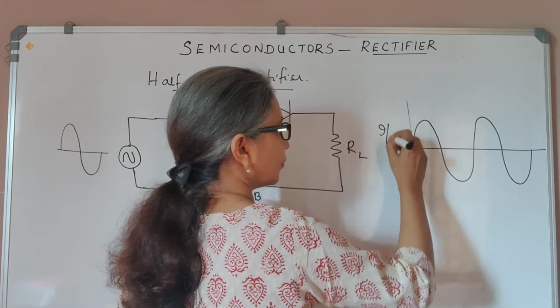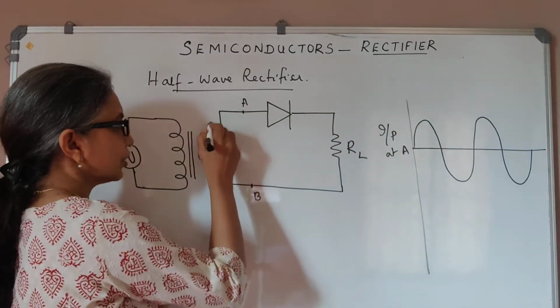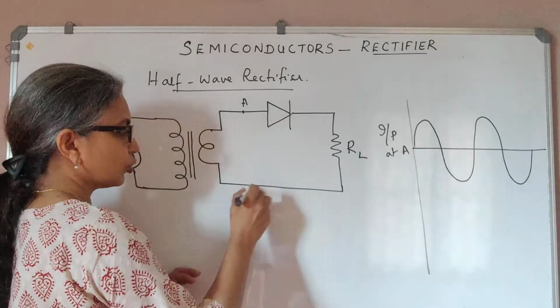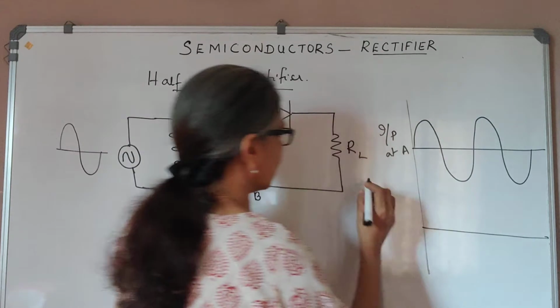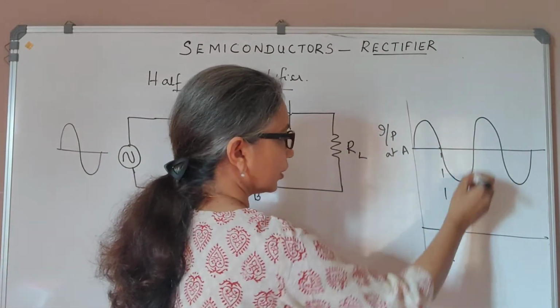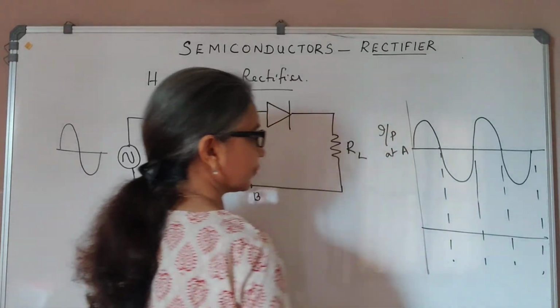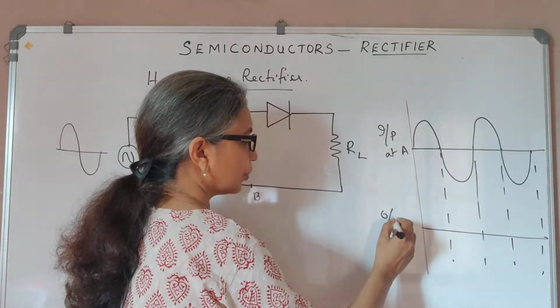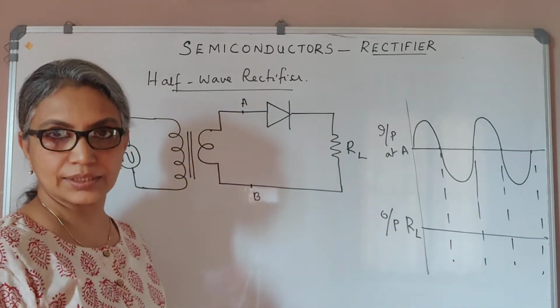So this is the input voltage at A. That input voltage is going to be given to the 2 points A and B. Now in the positive half cycle, let me draw this here so that we can clearly see the output voltage. Here I am going to draw the output across R, that is across the load resistor.